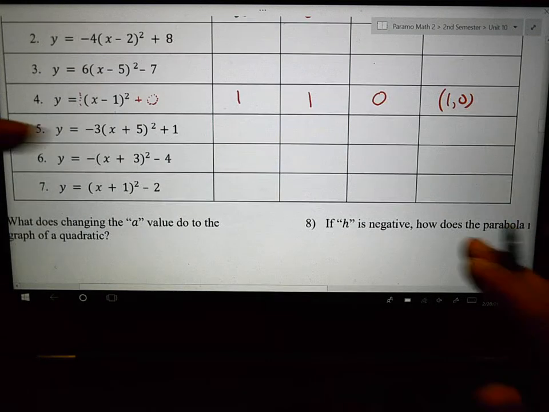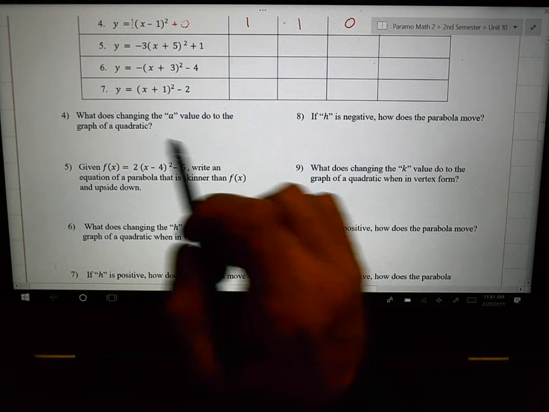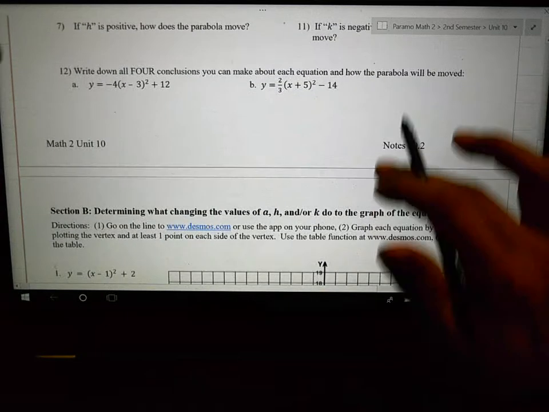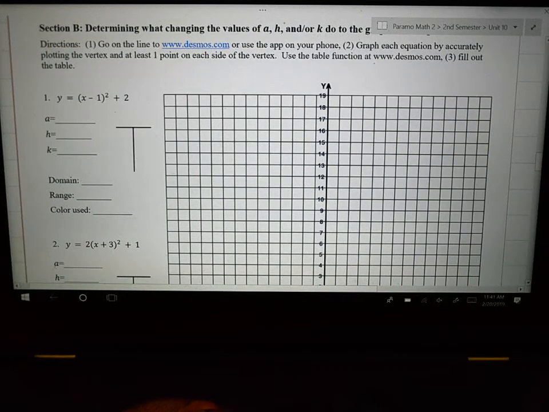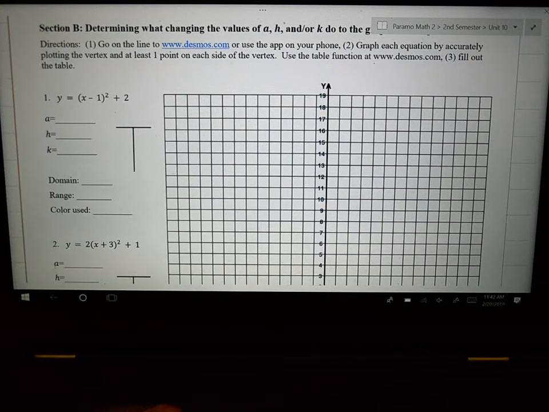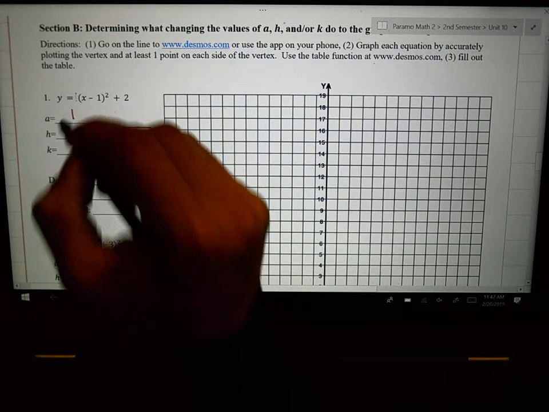As you do these, you will hopefully be able to start answering these questions. If you are not able to do so, then maybe you should do Part B first. Part B is on the next page. Part B asks you, well, what is A? I'm hoping you look at number 1 and you say, oh, the A is going to be a 1.